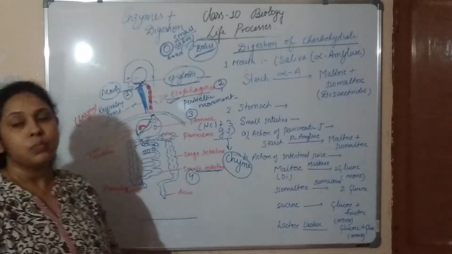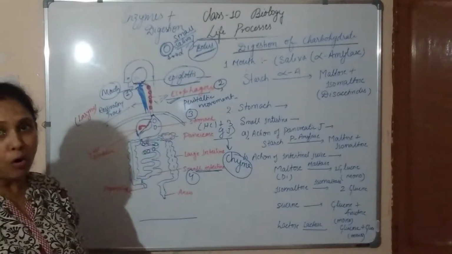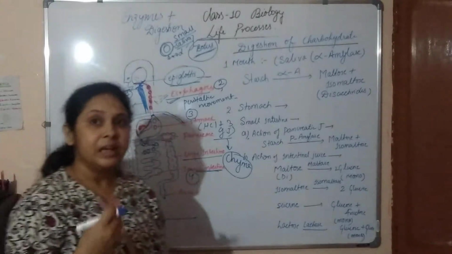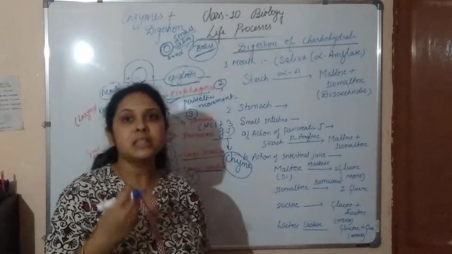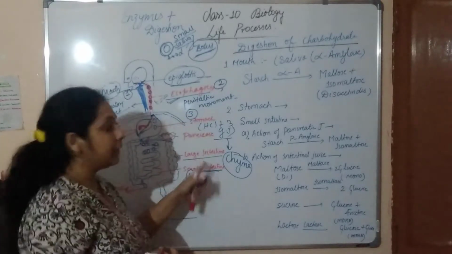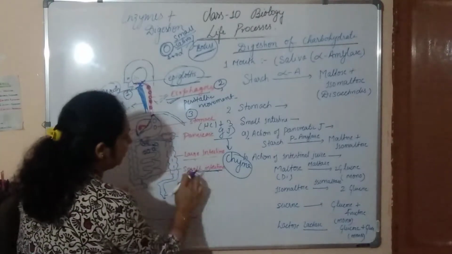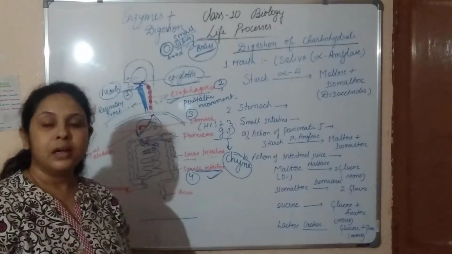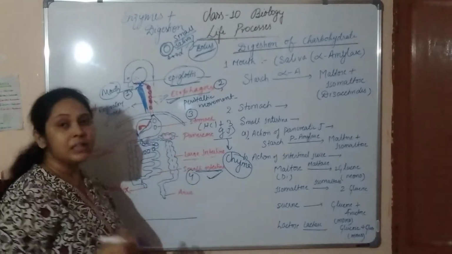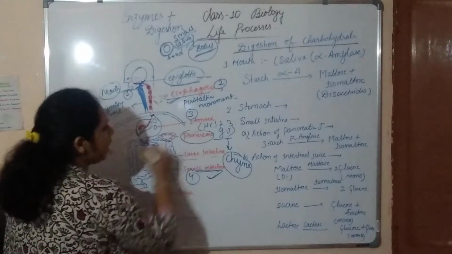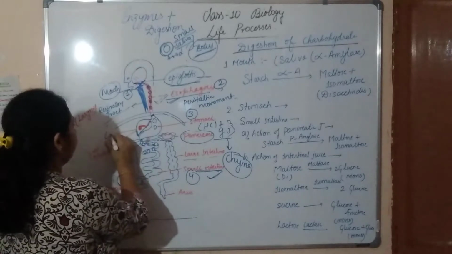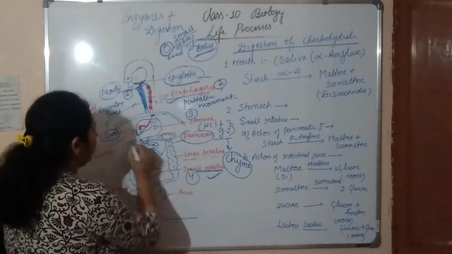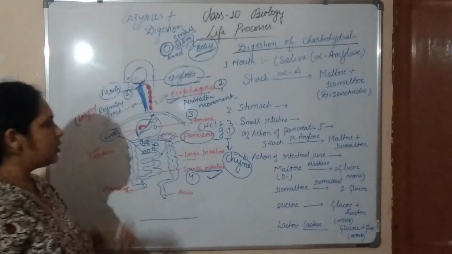In the small intestine there is a secretion of intestinal juice, and the juices of the pancreas and the liver also pour into the small intestine.